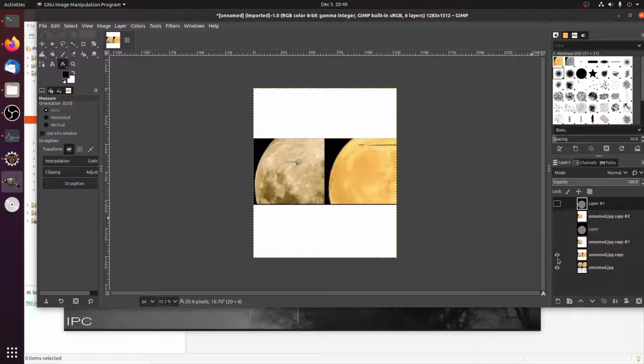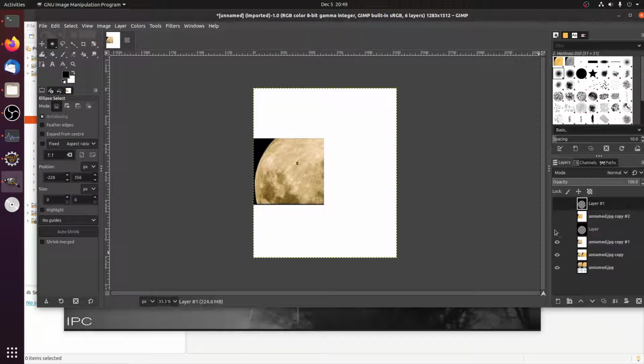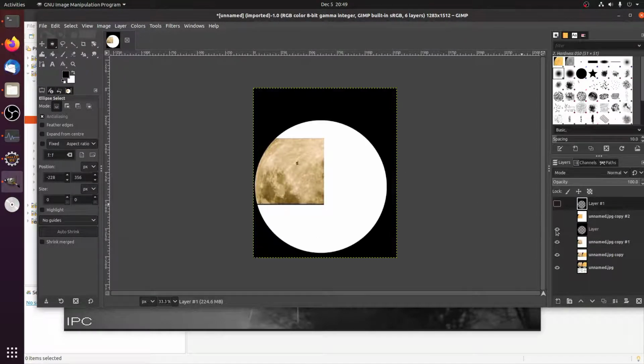So the first thing I did was get rid of some of the stuff around the two actual pictures, and I started with the one on the left. Then I drew a circle on another layer and removed the necessary stuff to give an outline of the entire moon, with the idea that I would measure the diameter of the moon.